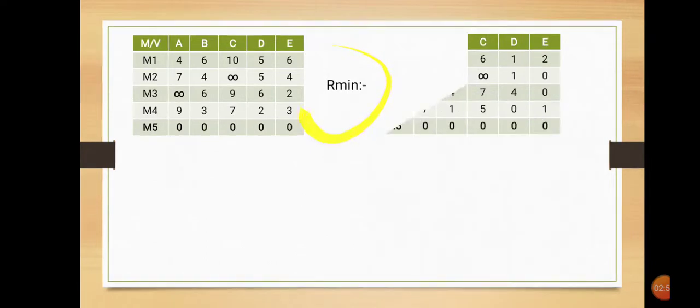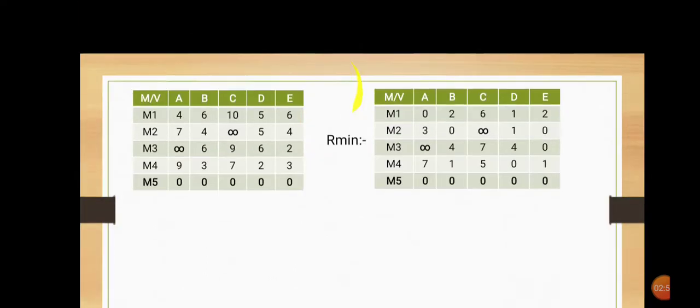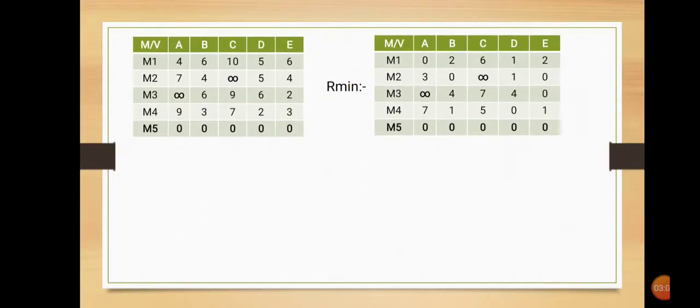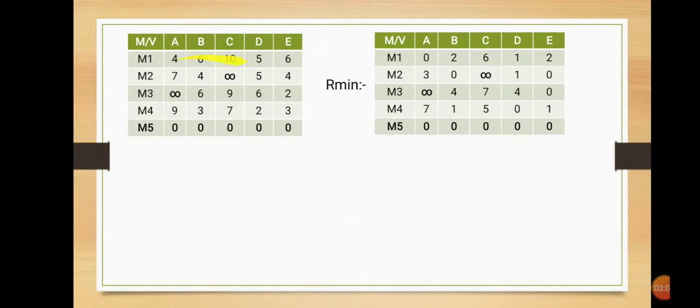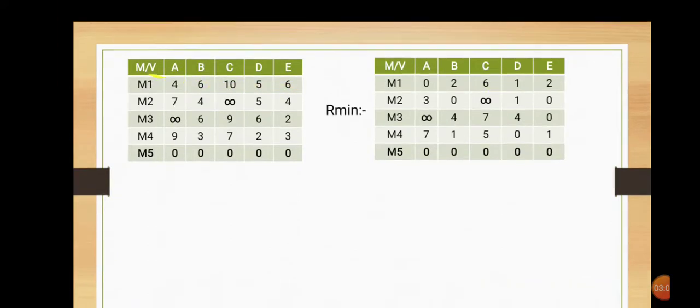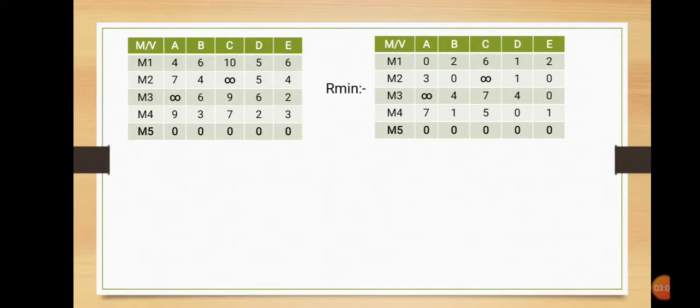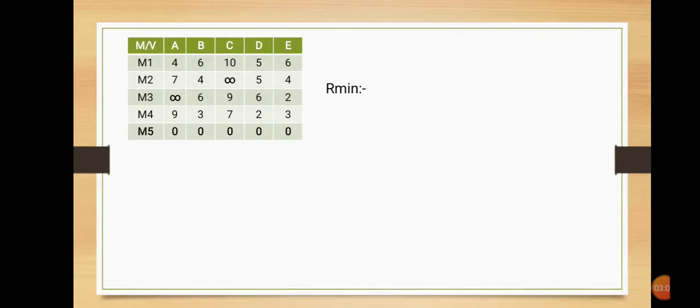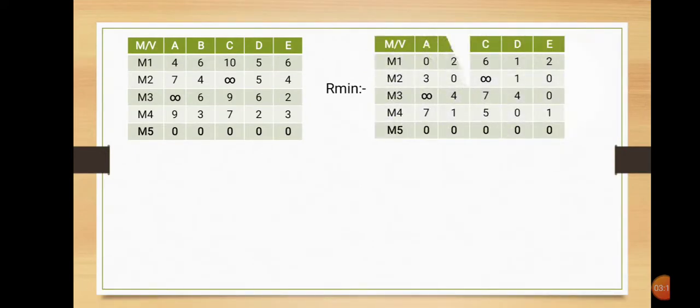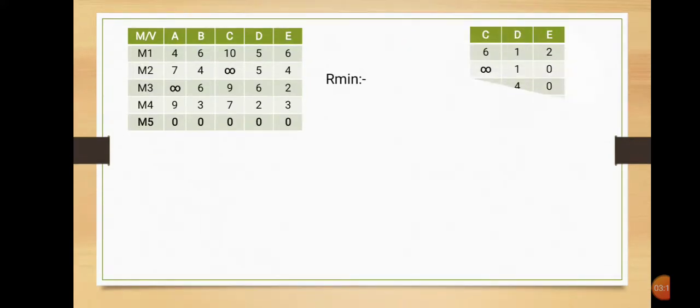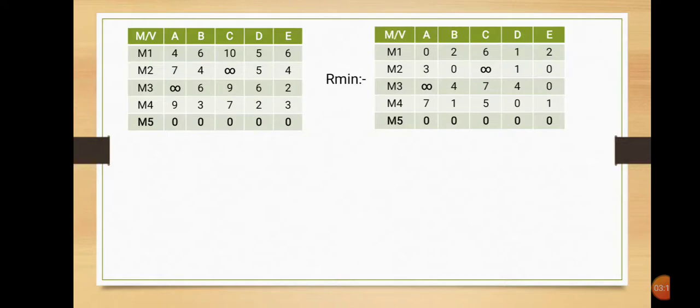First calculate the row minimum. For the row minimum, select the minimum value in the row. In this row, 4 is the minimum value. This 4 is subtracted from all of these. Then 4 minus 4 is 0, 6 minus 4 is 2, 10 minus 4 is 6, 5 minus 4 is 1, and 6 minus 4 is 2.